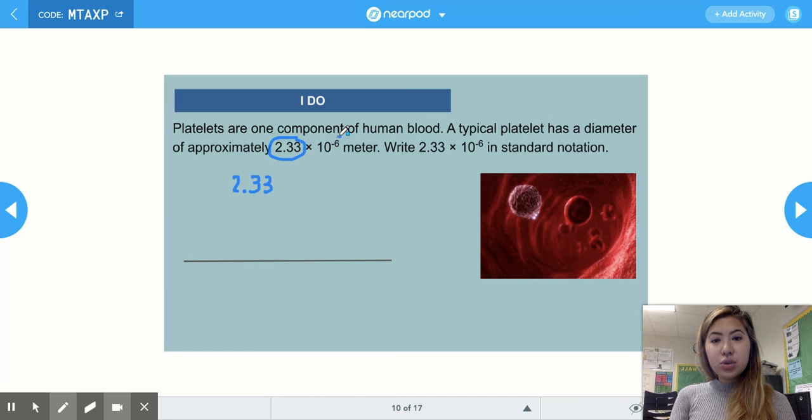And according to our exponent, which is negative 6, we are not moving our decimal point to the right, we're moving it to the left. So our number is getting smaller, and we're moving it 6 places to the left. So starting from here, 1, 2, 3, 4, 5, 6. We put our decimal point in the new spot, and in all these empty spaces, we're going to add zeros.